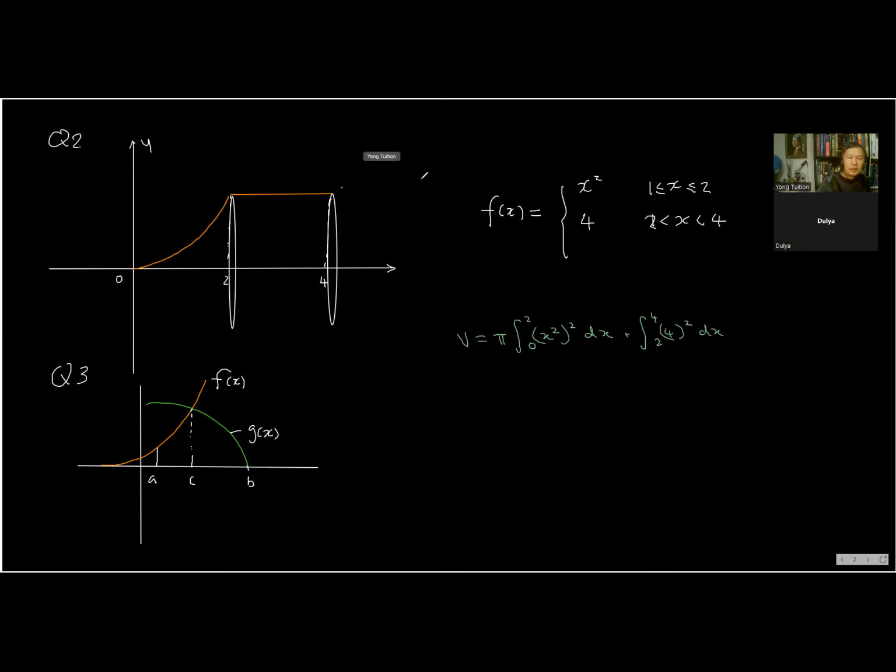Okay. If you rotate this shaded area, we shade this one, you tell me, can you write a formula for this volume if we rotate this area about the x-axis?